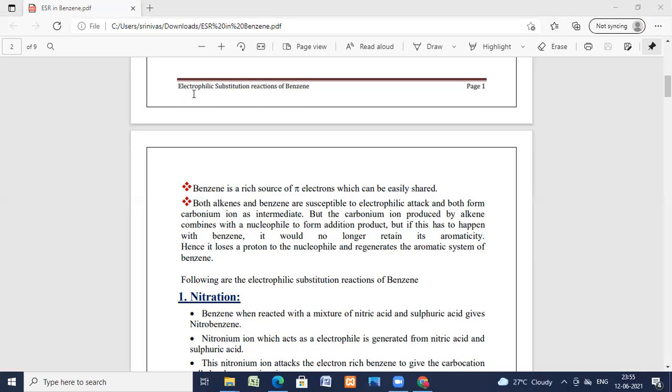The nucleophilic substitutions are observed in alkyl halides, and the electrophilic substitution takes place in benzene.